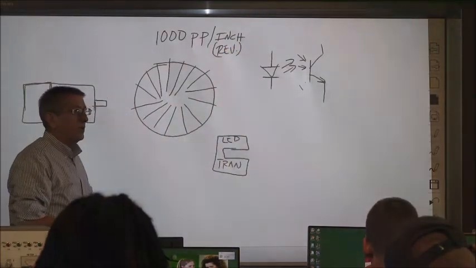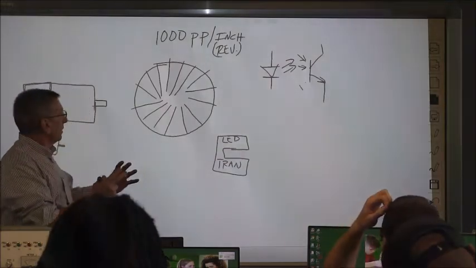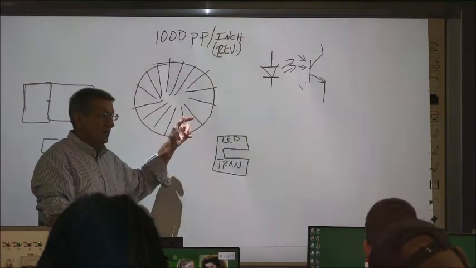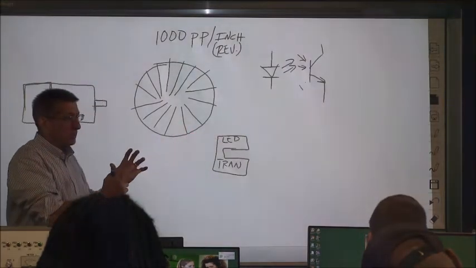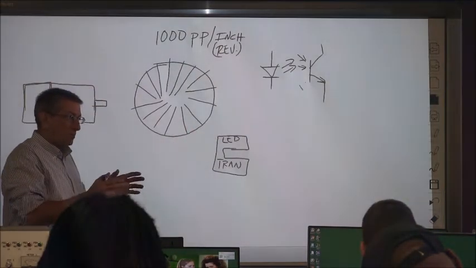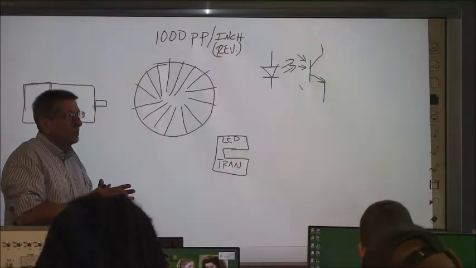See where this is going? Every time you move an inch, you're going to get 1,000 pulses out of this thing. That's how the machine knows what position you're in. We count 1,000 pulses. Okay, we just moved an inch.